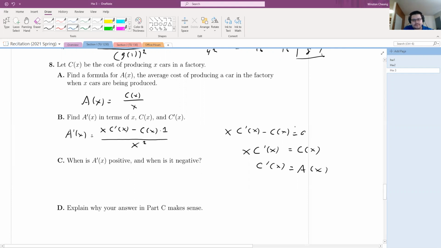So let me use a different color and note certain things. Notice if this were greater than, this would also be greater than, this would also be greater than. And if it was less than, then all of them would also be less than. So that's why we can come over here for C and say A prime of X is greater than 0.